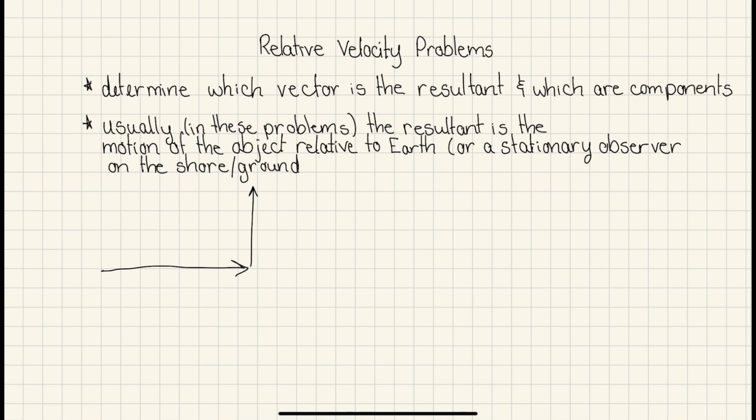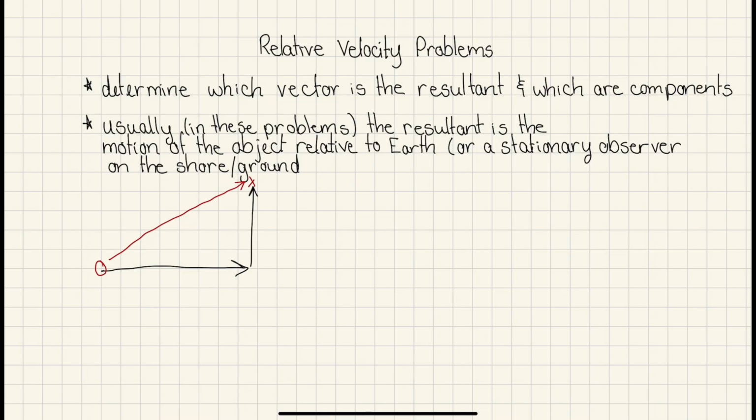Resultant arrows, though, are always drawn from the start point of those components and drawn to where those components ended. So the overall result of both those together. So resultant arrows are not drawn tail to tip. They are drawn from the origin of the component arrows to where they finish.